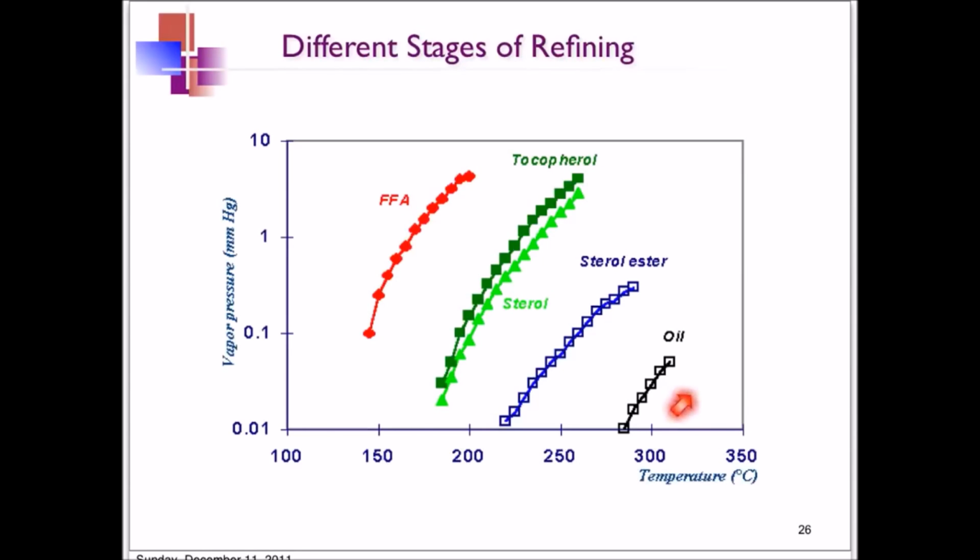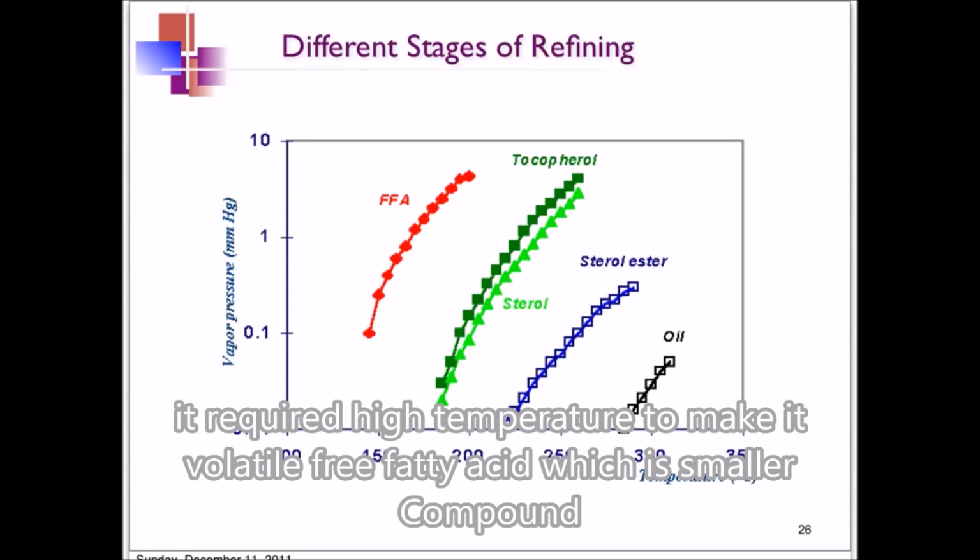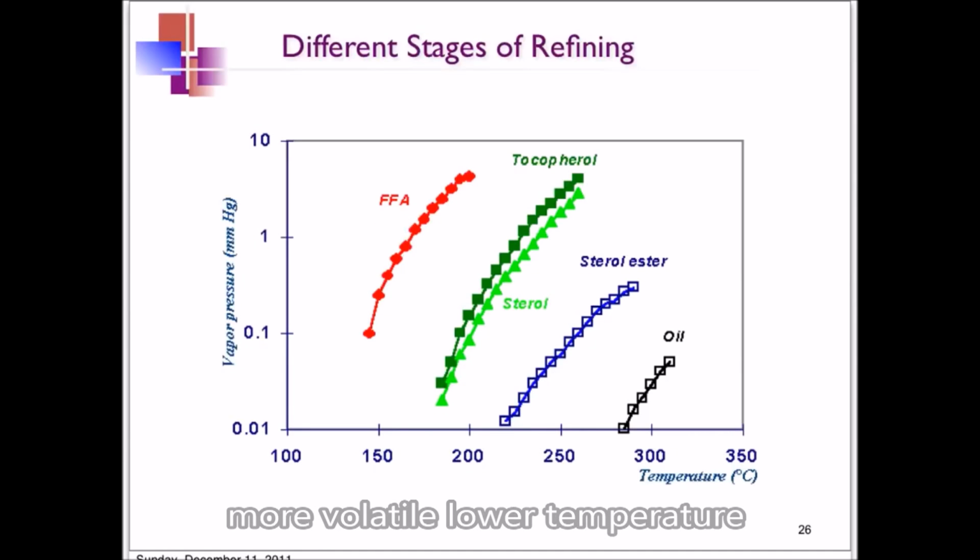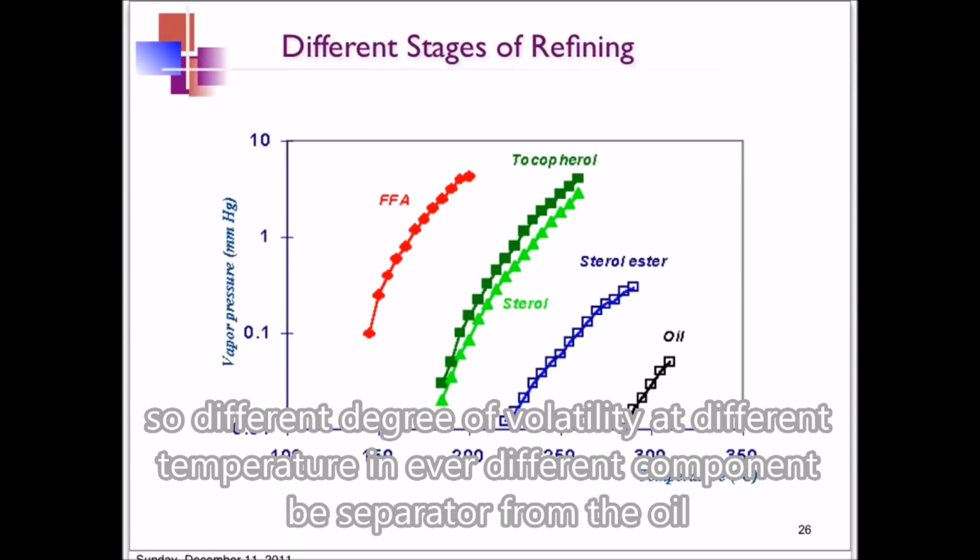The oil requires high temperature to become volatile, whereas free fatty acid, which is a smaller compound, is more volatile even at lower temperature. So the different degrees of volatility at different temperatures enable these components to be separated from the oil.